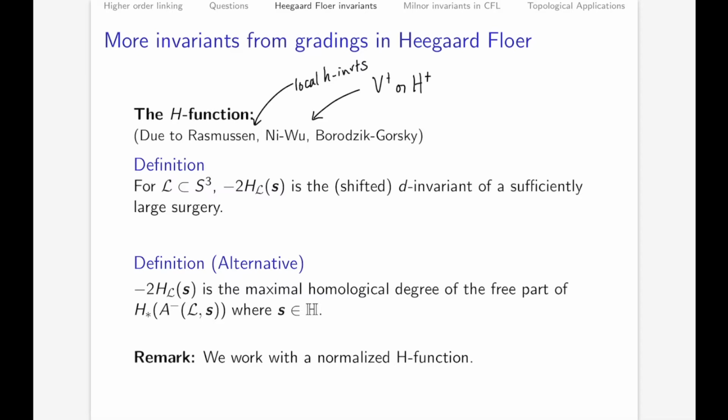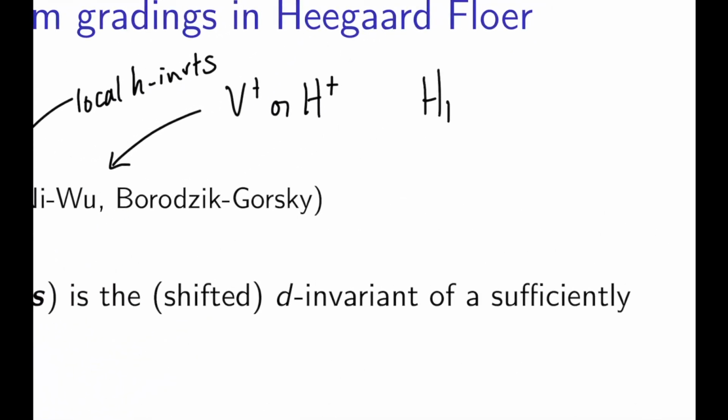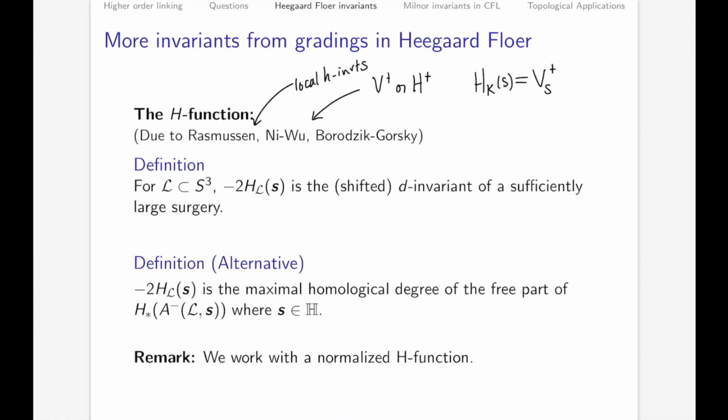If you take the H function as we've defined it and write it for knots, then H_K of S, our H function, agrees with Ni and Wu's V plus at lattice point S, where S takes on a value in Z for the case of a knot.